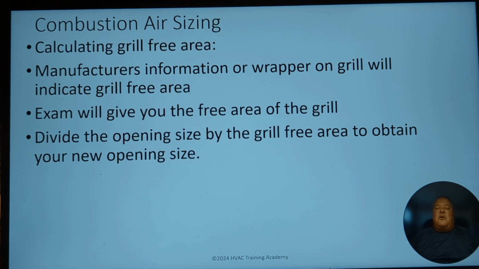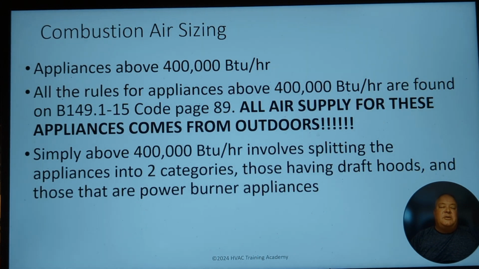We're going to divide the opening size by the grill free area to obtain your new opening size. I'm trying to remember whether I put it on the slide here or not. No, I didn't. So just to carry on from that last slide, if we knew our opening size is 125 inches squared for that application, and we had, let's say, a 60% free area grill, you need to divide 125 by 0.6.